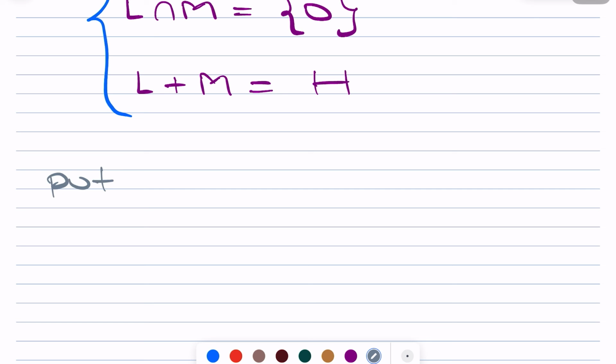You can put L to be the orthogonal of M, right?